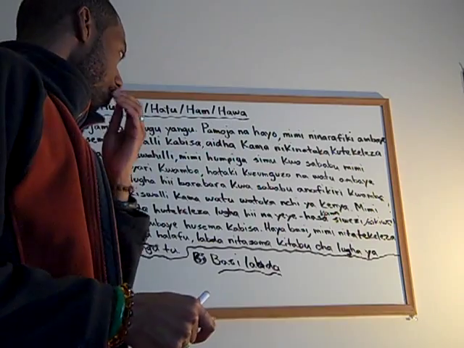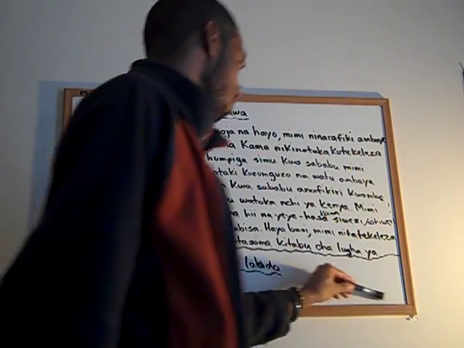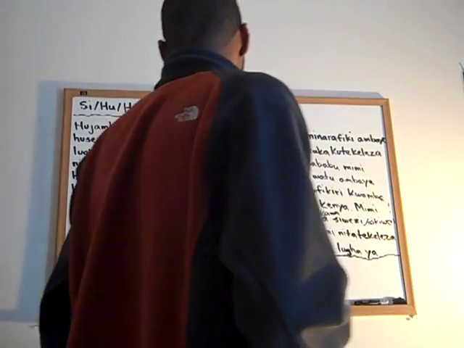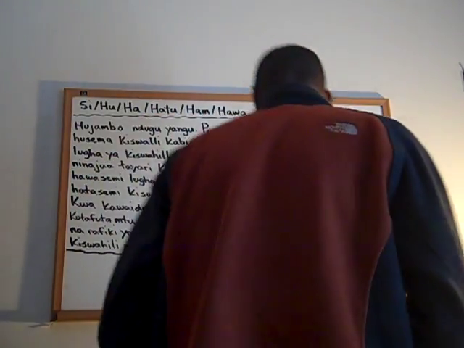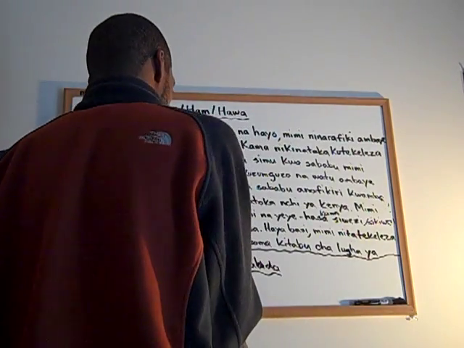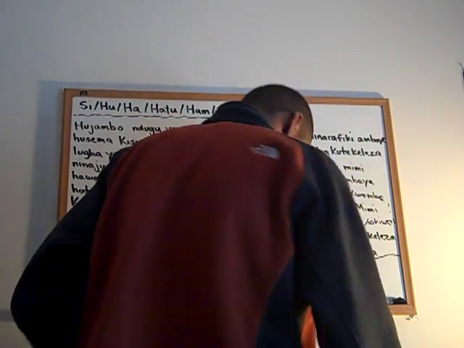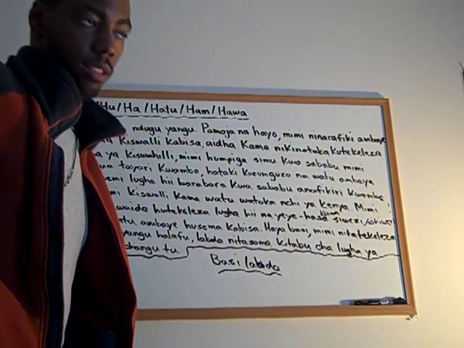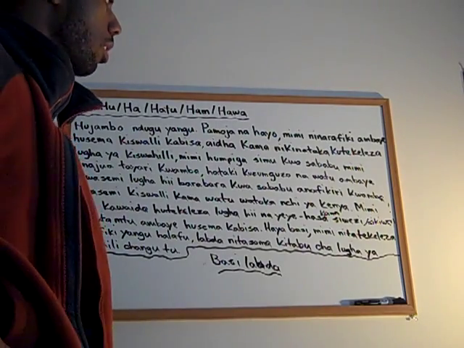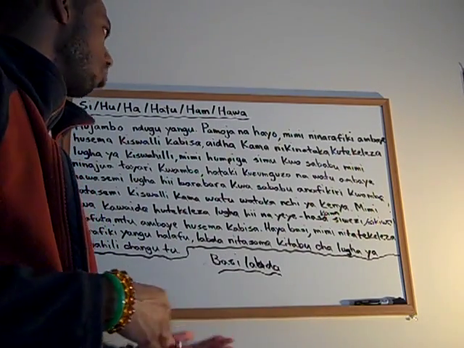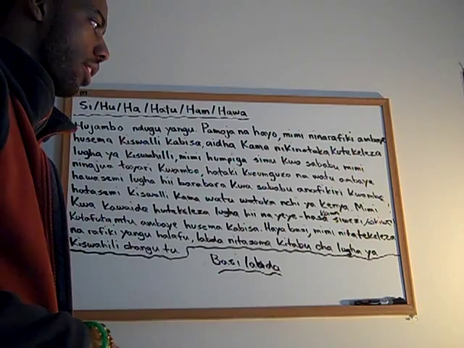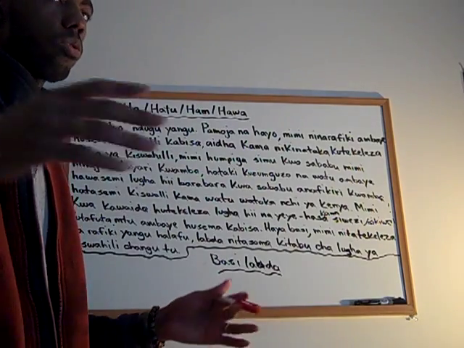So where are the habituals you can find? I will show you the habitual forms. If you guys don't know what habitual means, it's something that you do on a normal basis. Like I normally do this, I normally do that, or a person who can do this, do that.